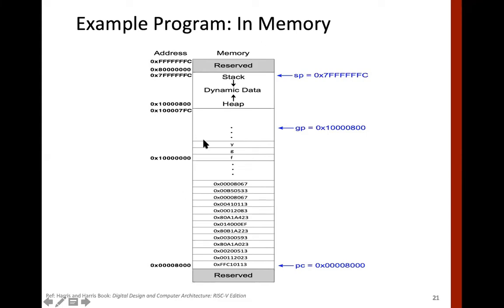And then global pointer is here, and then 3 variables are coming in static area. So this is a static area starting from 1000, etc. So F, G, and Y will be in static area.